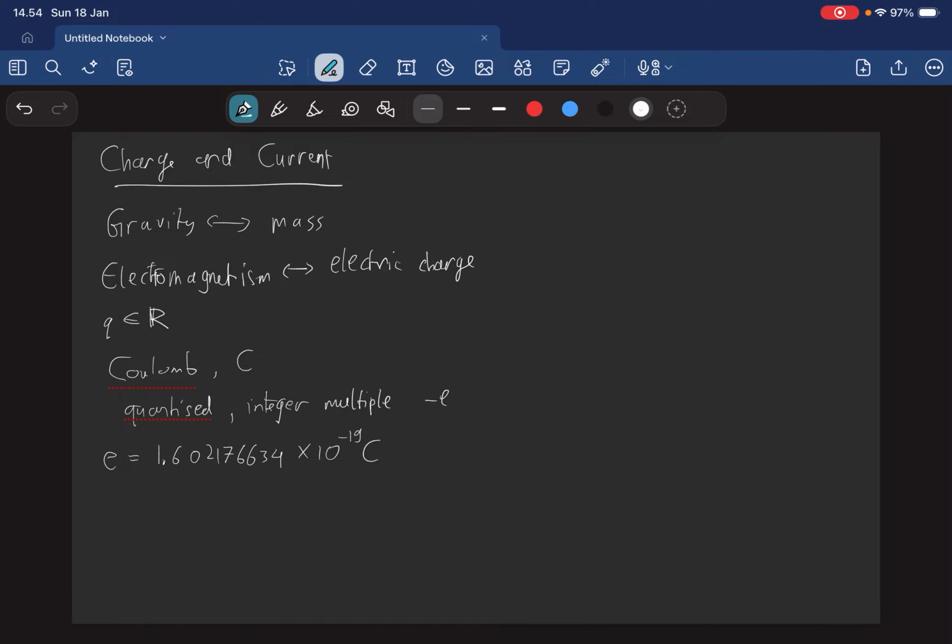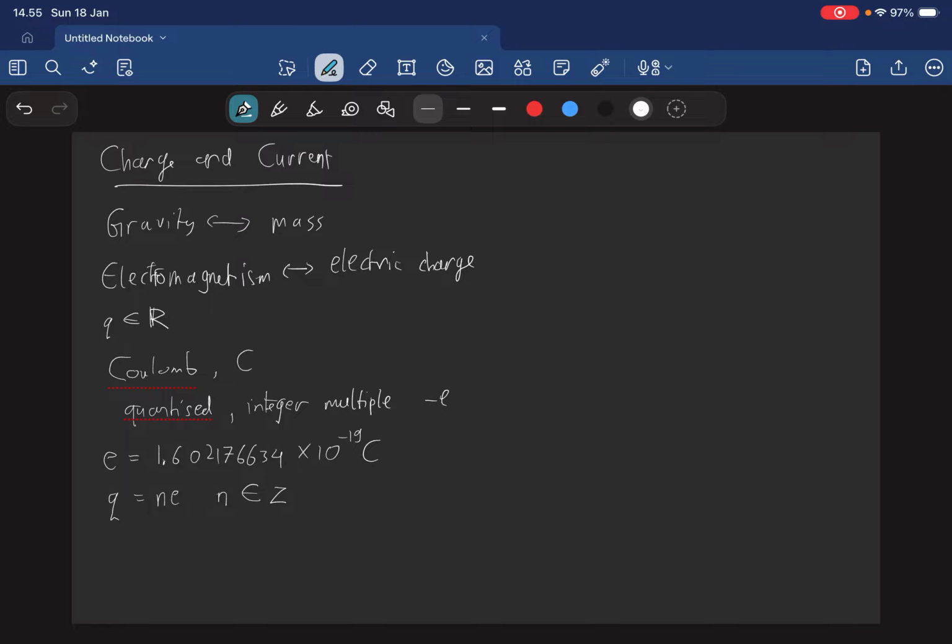A much more natural unit would be to simply count charge as Q equals n e, with n an integer.